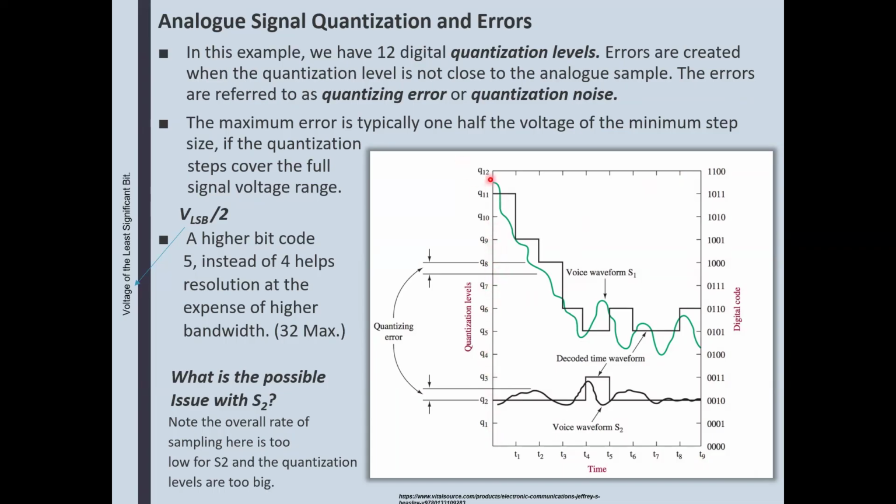Okay, here are the 12 quantization levels. Errors are created when the quantization level is not close to the analog sample. The errors are referred to as quantizing errors or quantization noise.